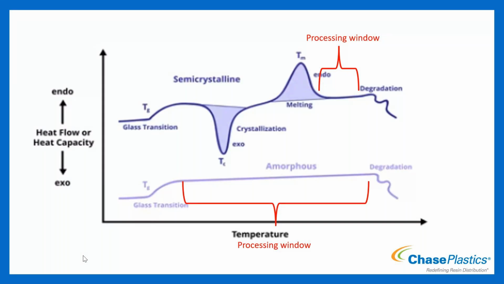All of this is to say we have our melting temperature, TM, for our semicrystalline, and then we have the temperature at which the material is going to degrade. So you can see our processing window is much smaller than what you could get away with for an amorphous material. Starting at the TG, it's molecular movement. We're able to move a little bit. And then we get to degradation, a much wider processing window for amorphous materials.